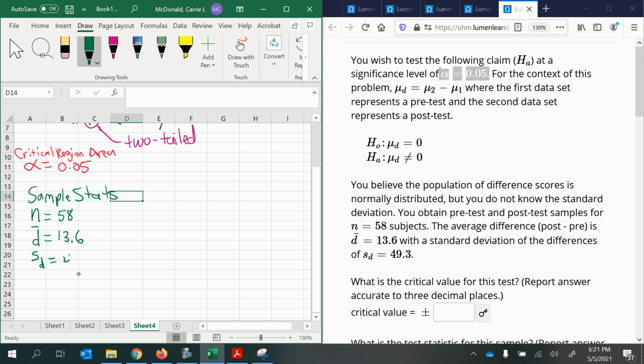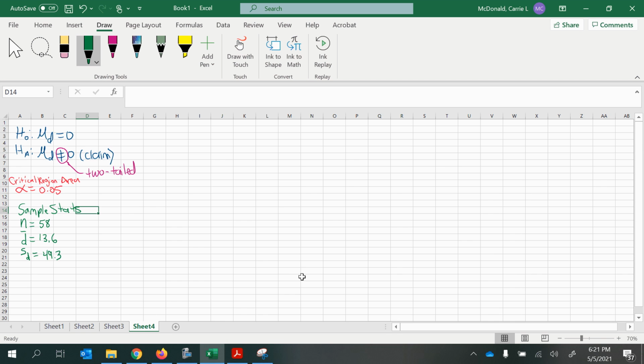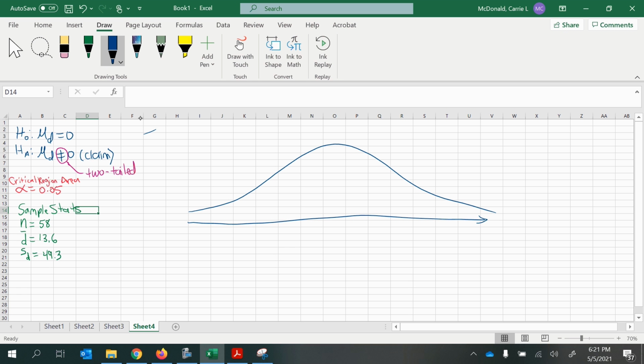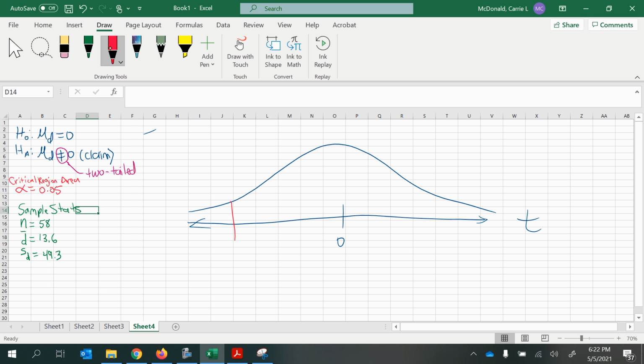Let's see, so 49.3. Okay, now we've got all our information mapped out here. So we're going to sketch the distribution. Okay, so we've got our curve, which is a t, and we've got our alpha going to be split up on two sides again.